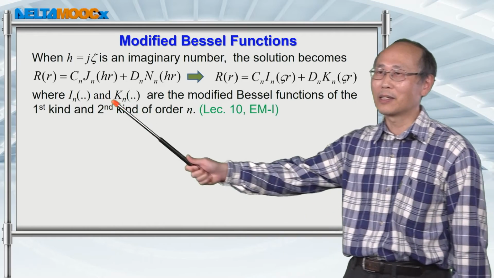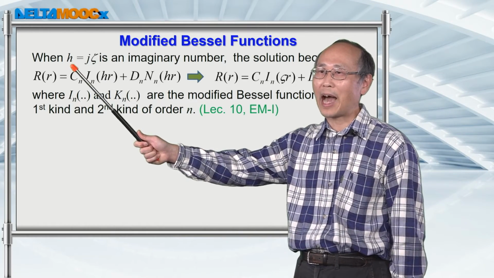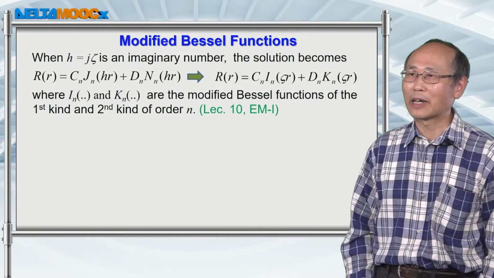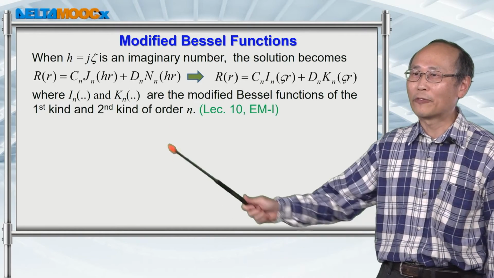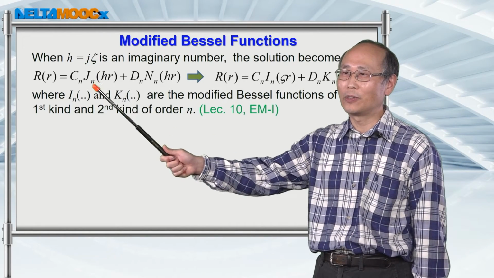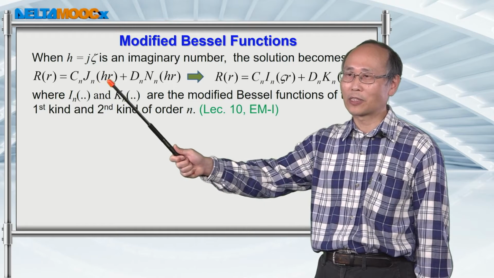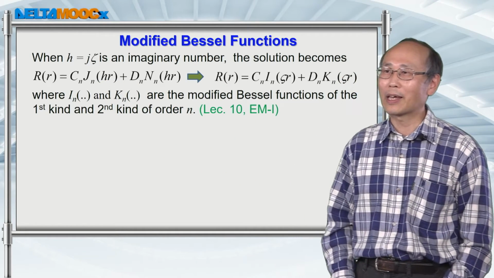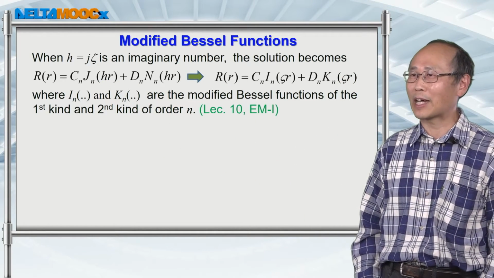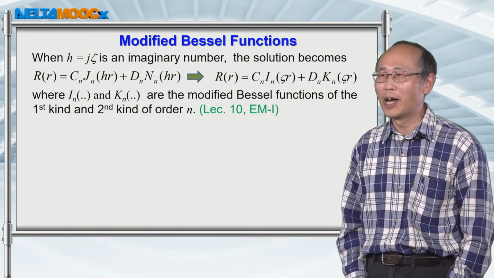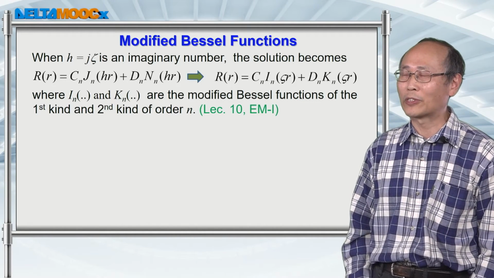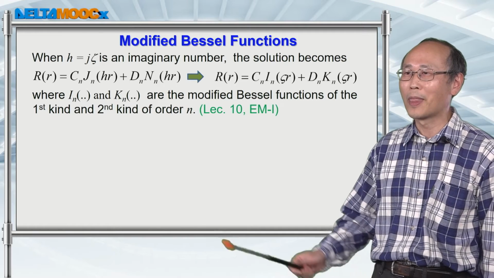For such a situation, the eigenvalue will be an imaginary number. If you put this imaginary number into sinusoidal-like solutions, you're going to get solutions similar to cosh function, sinh function, or exponential function with a real exponent.